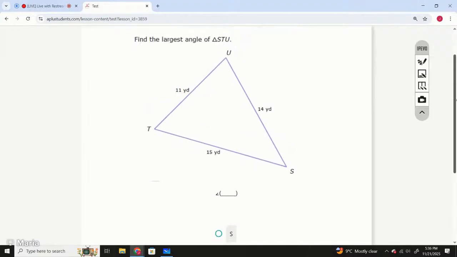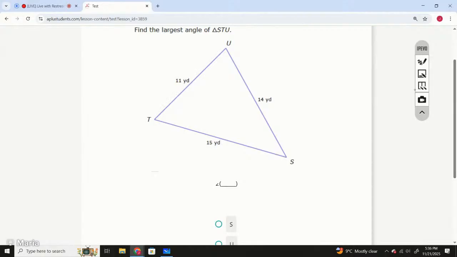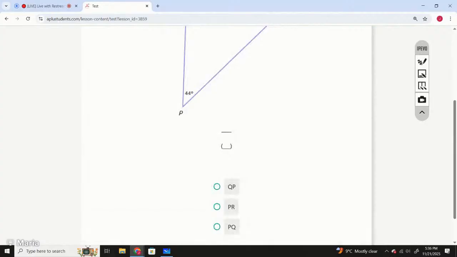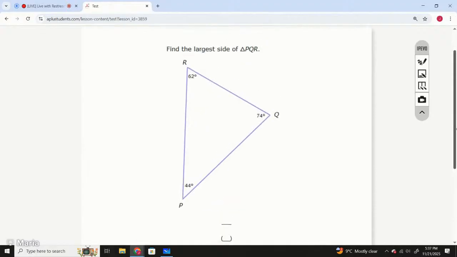Find the largest angle of triangle STU. So the longest length is ST. Opposite to ST we have angle U. So angle U is the largest one. The correct option is U. Find the largest side of the triangle PQR.